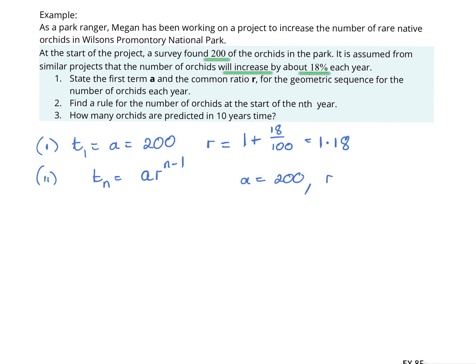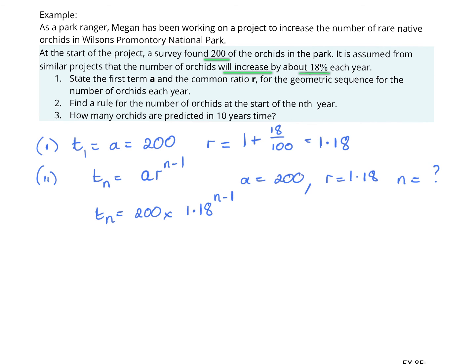We know that R is 1.18, and n is pretty much what we are looking for. So our generic rule here, Tn equals 200 times 1.18 to the power of n minus 1.